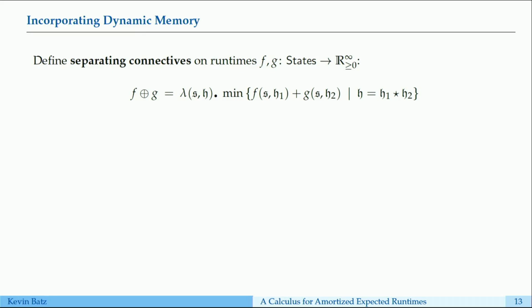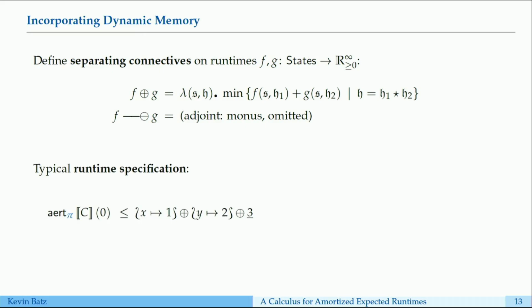So we take the minimum over all possible partitions of the heap, then we sum f and g, evaluate f in the first and g in the second heap. So we also have this splitting of the heap here, and standard conjunction is replaced by this quantitative addition. Intuitively speaking, conjoining two runtimes means adding them up. And you can also define a corresponding adjoint. This will be the quantitative analog of the separating implication, but I will omit the details here.